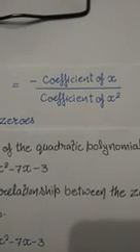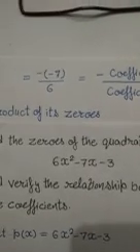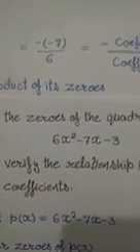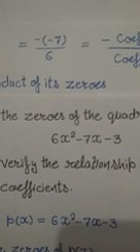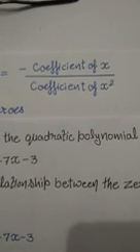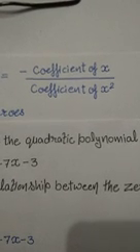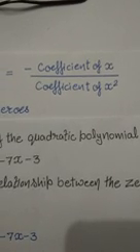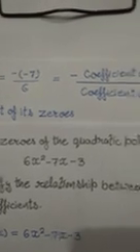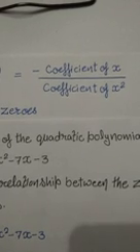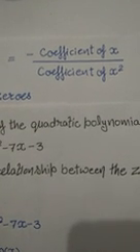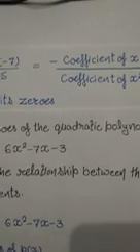So it becomes minus coefficient of x upon what is in the denominator, 6. 6 is actually the coefficient of x square. So this is the very first relation we learned in the formulas: the sum of zeros is always equal to minus coefficient of x upon coefficient of x square. So the first relation is clear.